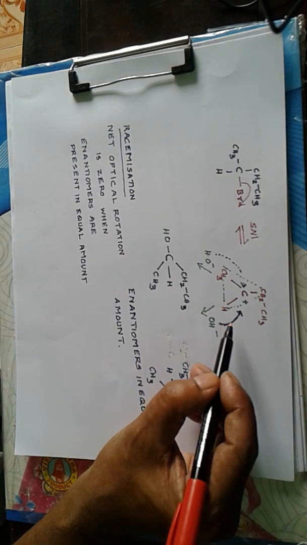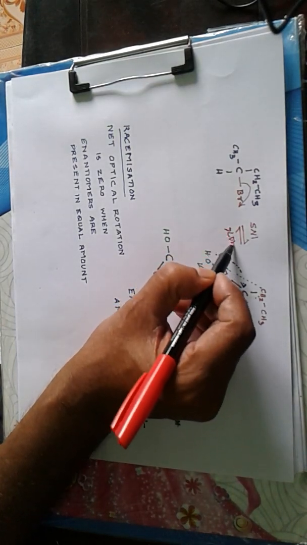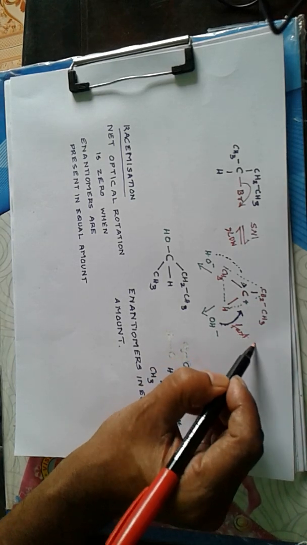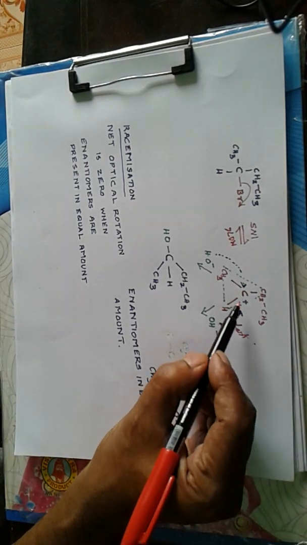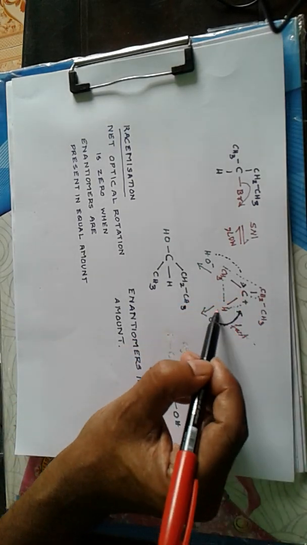Now in the second step, which is the fast step, so the first is slow, and in the fast step, the positive carbon can be attacked from the top or from the bottom of this triangle equally.